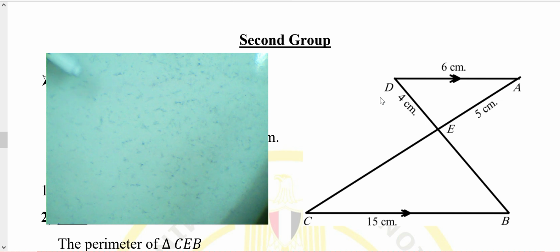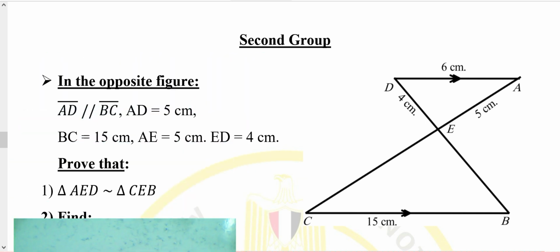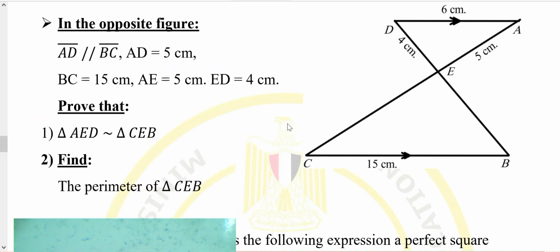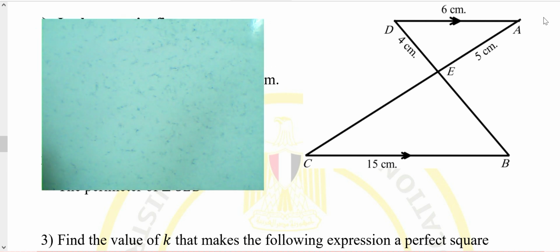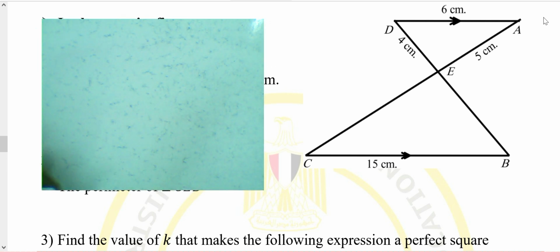Now the second group. We have two triangles here and two parallel straight lines, and AC and DB we call transversals. We want to prove that triangle AED is similar to triangle CEB. First step, follow with me the steps of this question.